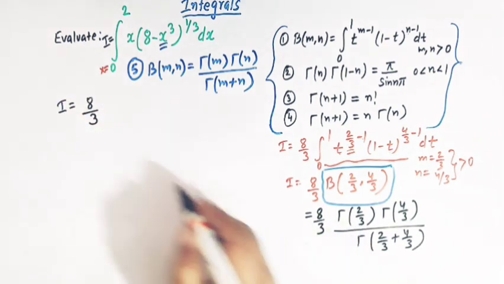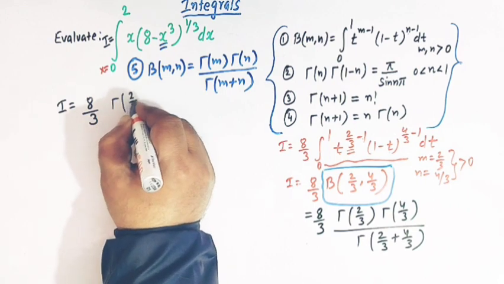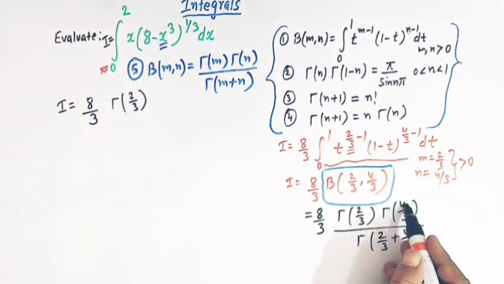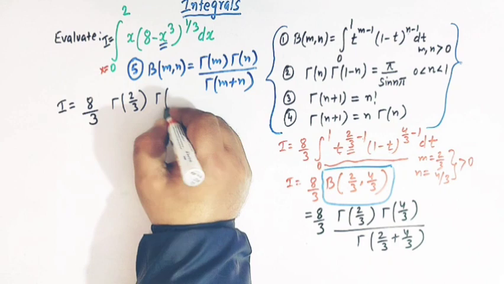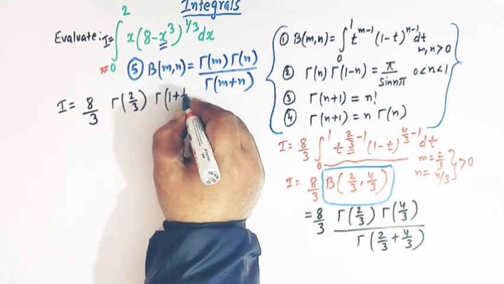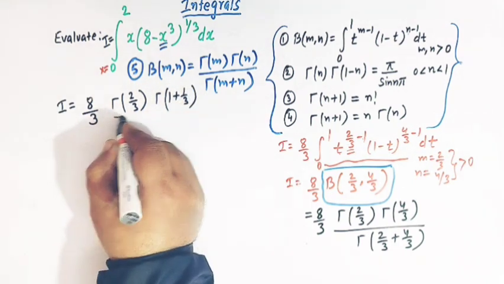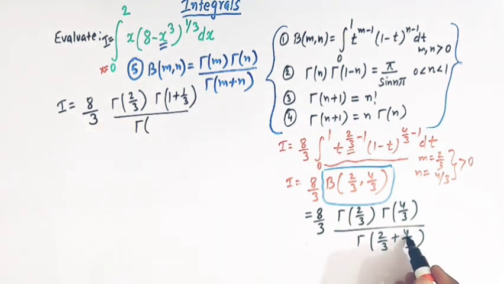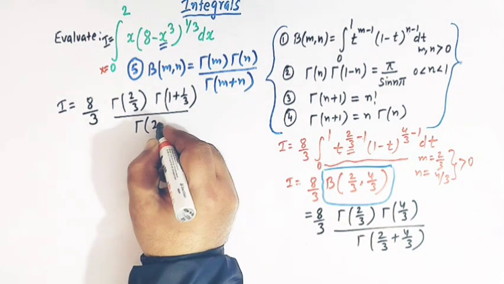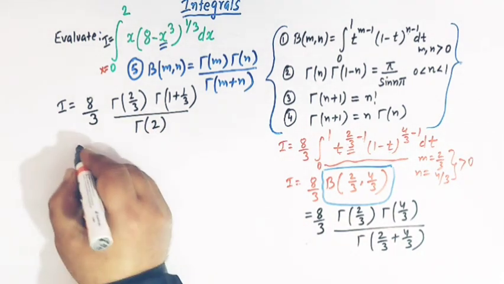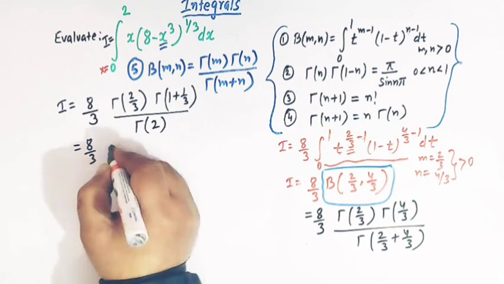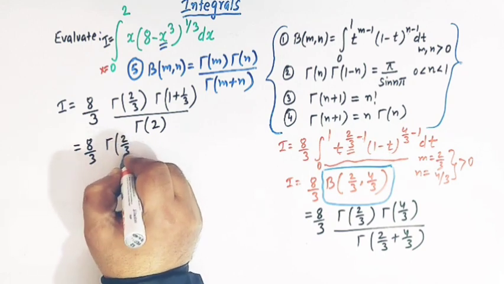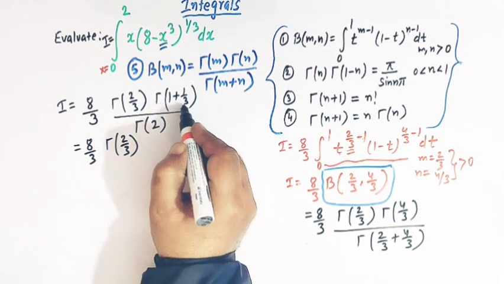Then we have here gamma of 2 by 3, and gamma of 4 by 3 can be written as gamma of 1 plus 1 over 3, right? And divided by gamma of 2 plus 4 is 6, 6 over 3 is 2, so we have gamma of 2, right?